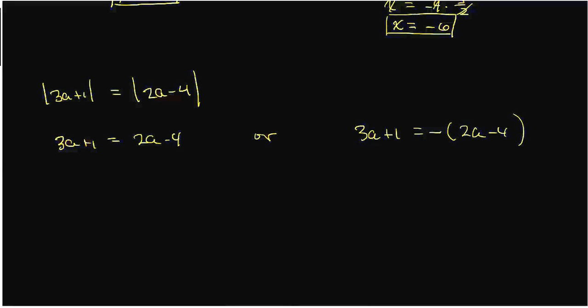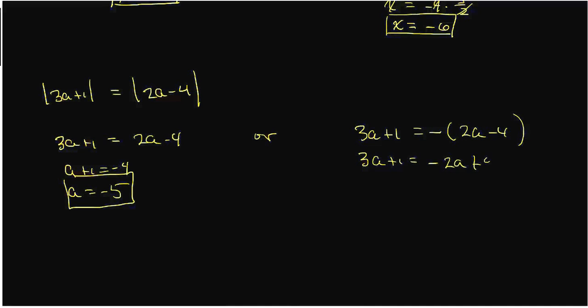Solving the equation on the left, 3a take away 2a gives me 1a plus 1 equals -4. Subtract 1 from both sides, so a equals -5. There's one solution. Now here we have to distribute the negative, so I get 3a plus 1 equals the negative of 2a, and the negative of a negative makes it a positive 4.